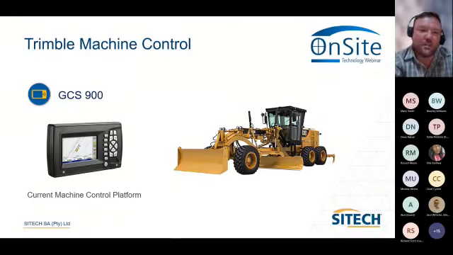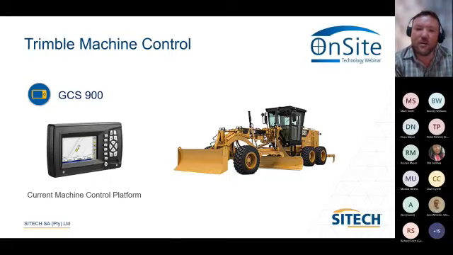As you can see on the screen, it's equipped inside the cab with a 7-inch or a 4.3-inch display unit, which gives the operator the comfort of using his machine control to his advantage.